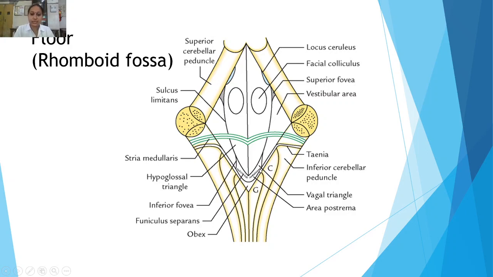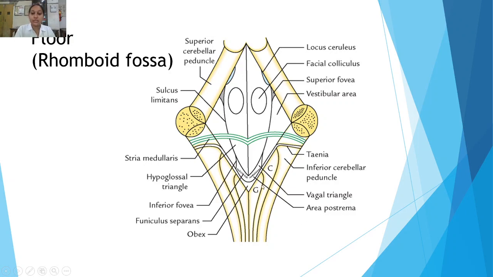Below the vagal triangle, there is a translucent area. Clinically, it is seen as translucent. It is known as funiculus separatus. Between the funiculus separatus and gracile tubercle, there is a small area, the area postrema.